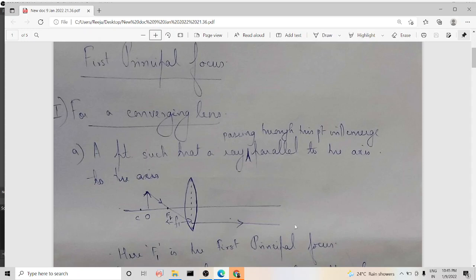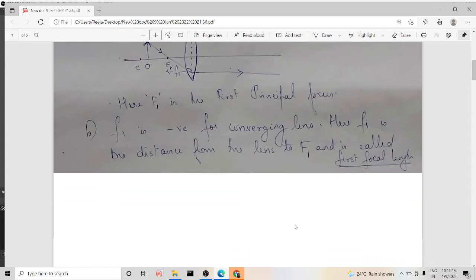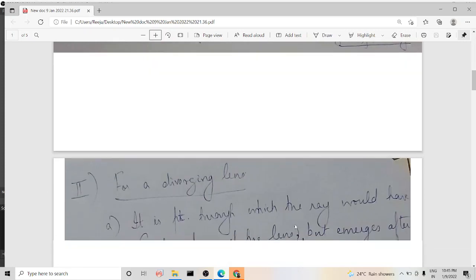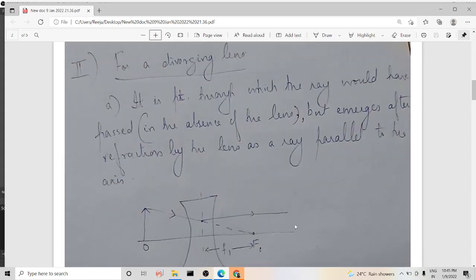Okay, now how will the same first principal focus be defined for a diverging lens? For a diverging lens, it is the point through which the ray would have passed in the absence of the lens. So a ray is coming like this. If the lens is not here, it will pass like this.